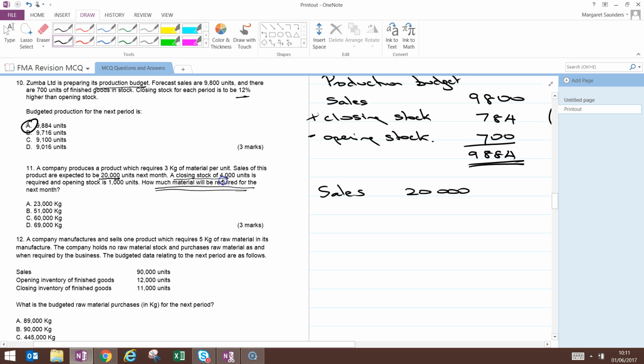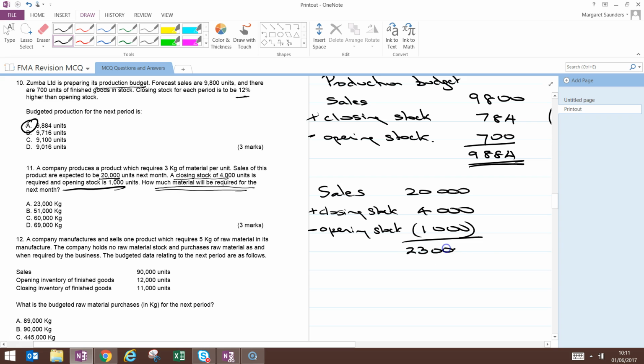There is a closing stock of 4,000. And is there an opening stock to take off? There is an opening stock of 1,000. So we're going to produce 23,000 units. So that's our production budget.